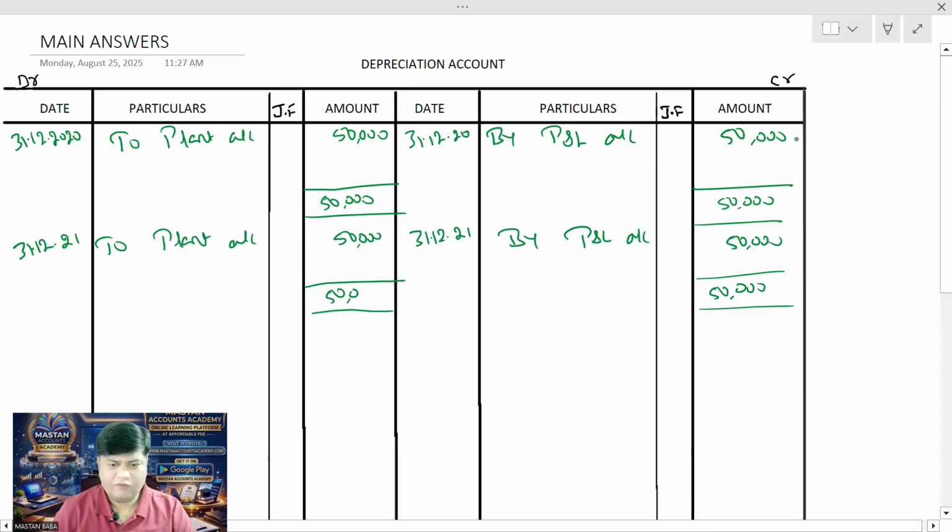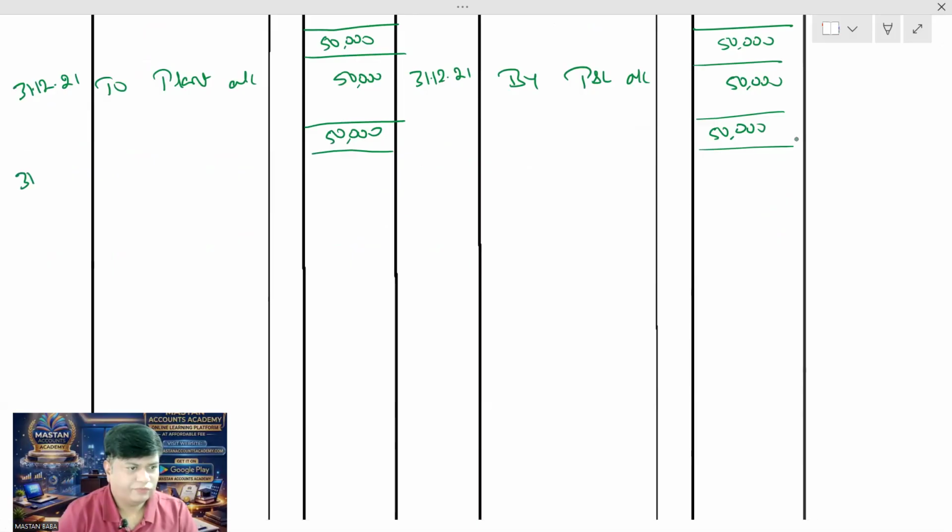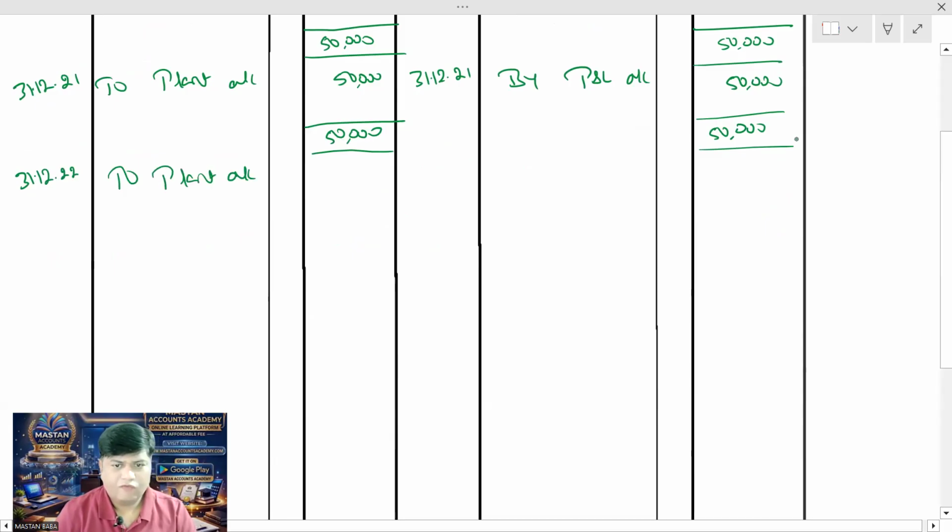And for 3 years' coverage, one more year is required here. 31/12/2022 to plant account 50,000, and 31st December 2022 by profit and loss account.